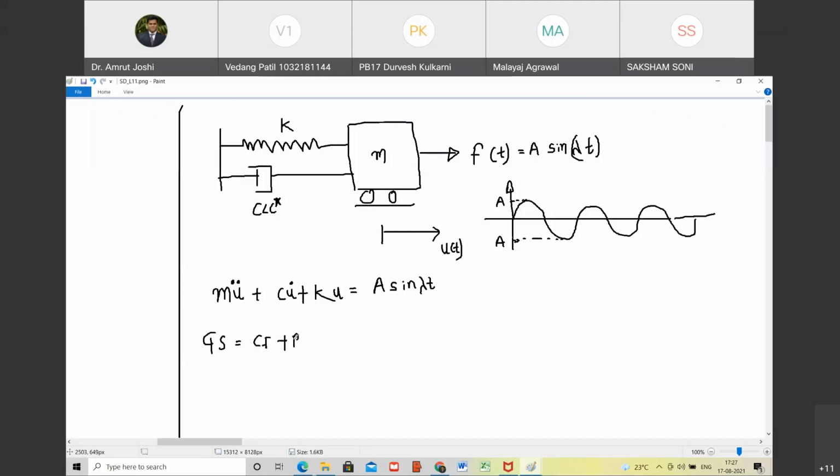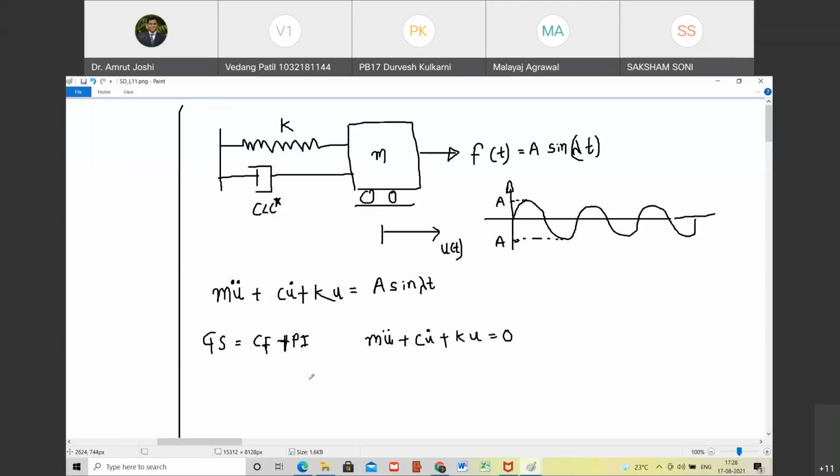We did this for the direct delta function also, if you remember. The complementary function is arrived at from the solution of m u double dot plus c u dot plus k u equal to 0, as if it is a homogeneous differential equation. The solution that comes is the complementary function.